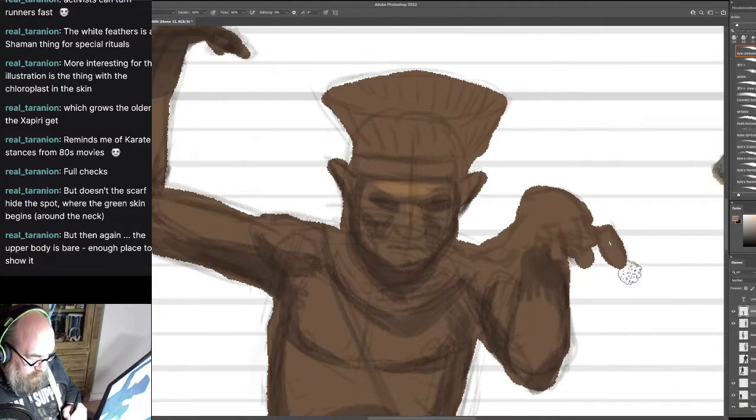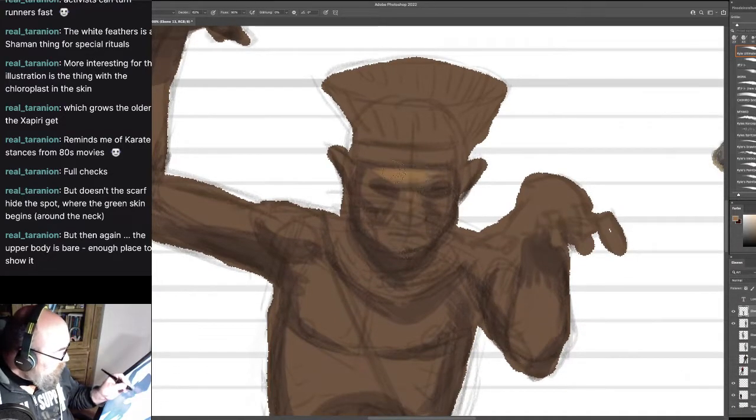I'm now merging two of the layers, so I can work over these sketch lines I did earlier.